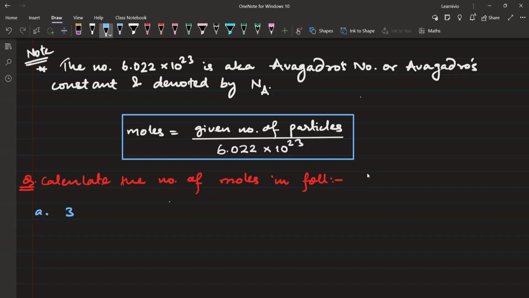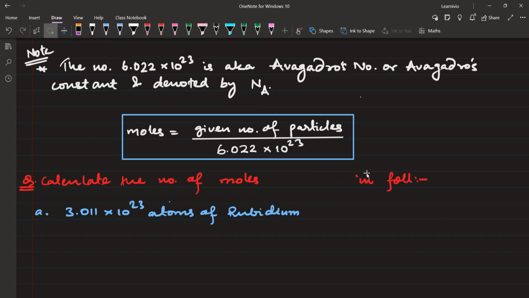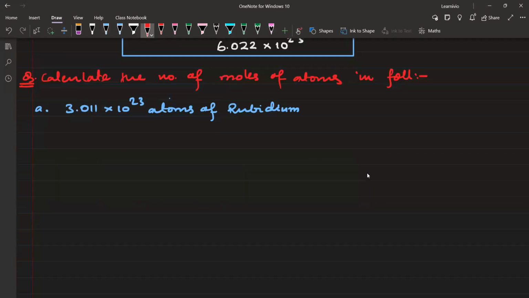A is 3.011 into 10 to the power 23 atoms of rubidium. Change the question a little: calculate the number of moles of atoms in the following. Sir, can you read the first question? Calculate the number of moles of atoms in the following. 3.011 into 10 to the power 23 atoms of rubidium.